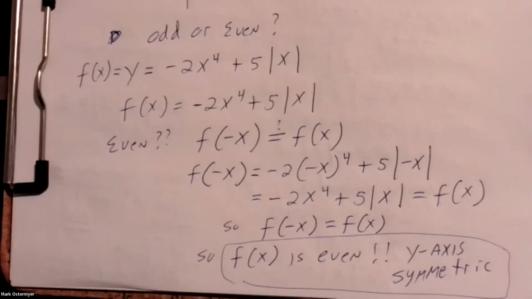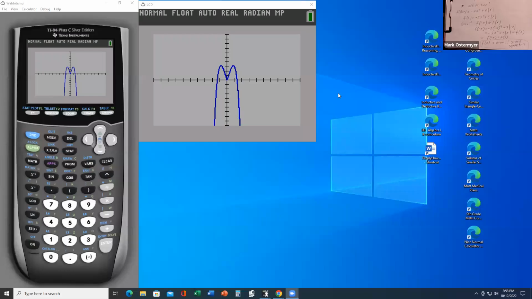All right, hit your graph button, ladies and gentlemen, and let's see if this graph is symmetric with respect to the y-axis. Does it look like that graph is symmetric with respect to the y-axis? Wait a minute. I'm sorry. Did I do a screen share? Okay, I'm sorry.